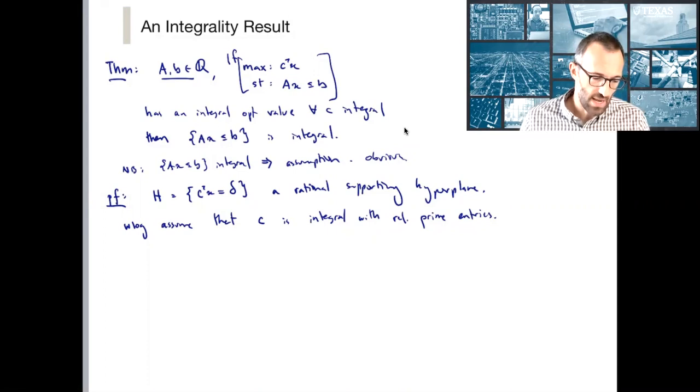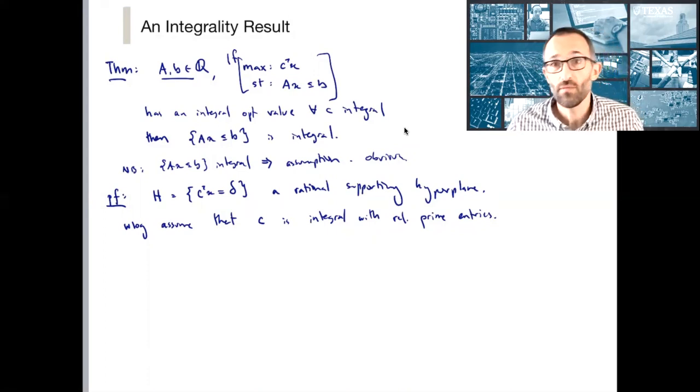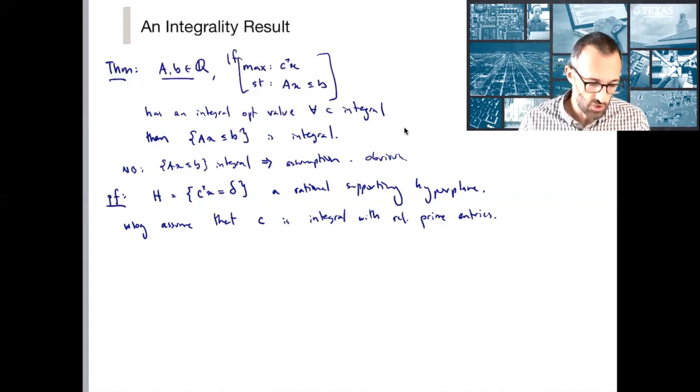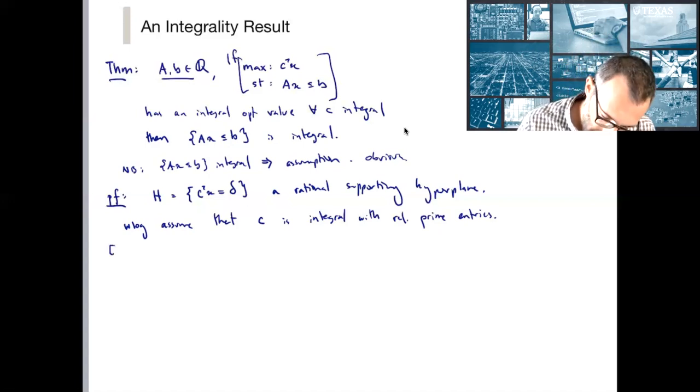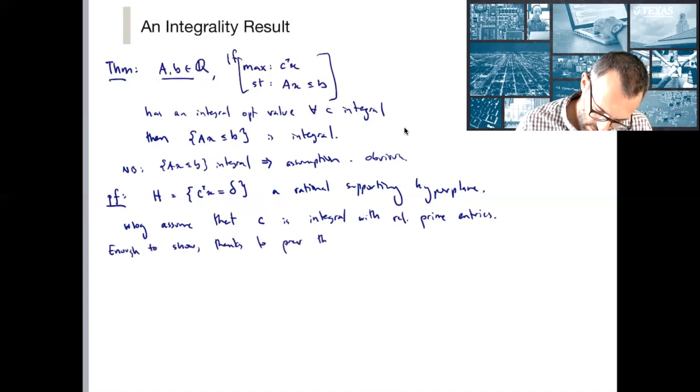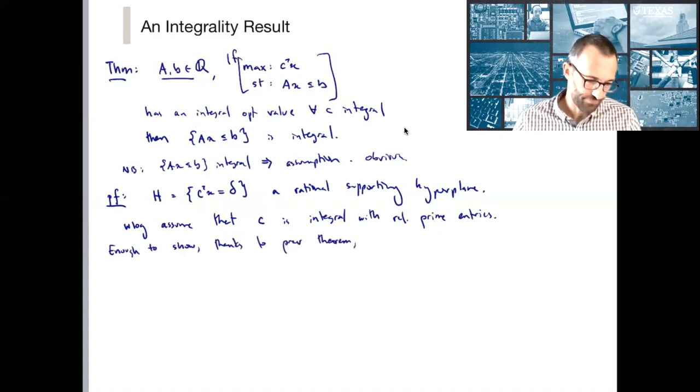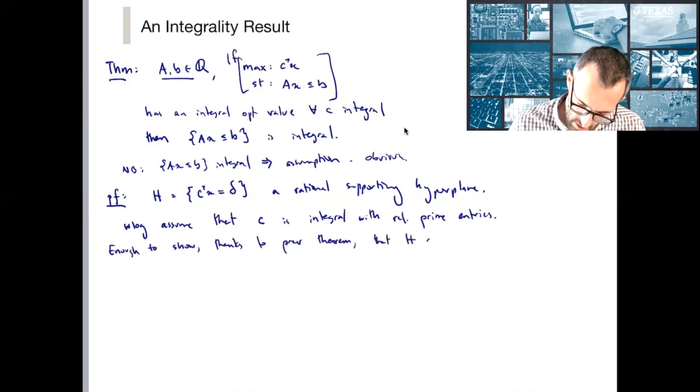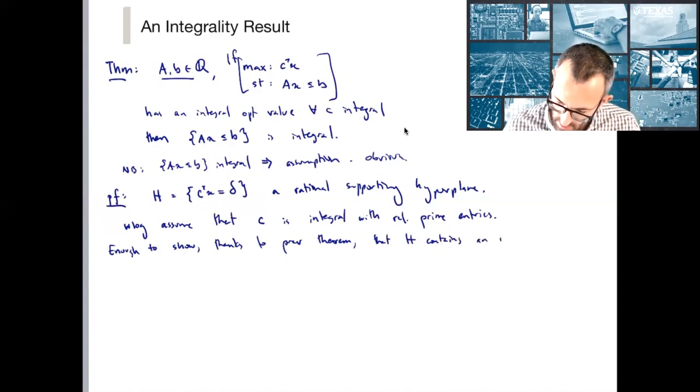Okay, so now what do we need to do? By the previous theorem, and also the theorem that we finished the last lecture with, it's enough to show that H contains an integral vector.